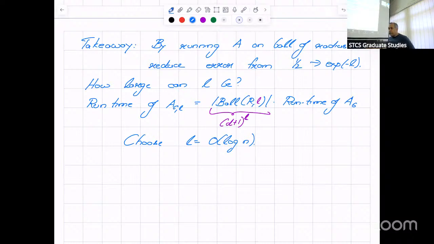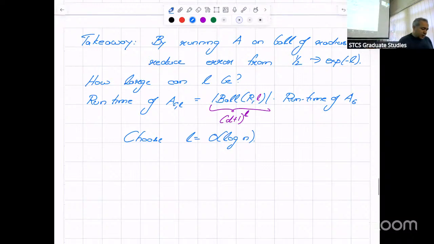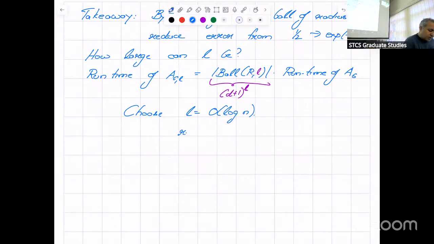Notice that by choosing L to be order log n, we reduce error from half to delta, which is exponentially small in log n, that is basically 1 over poly n.